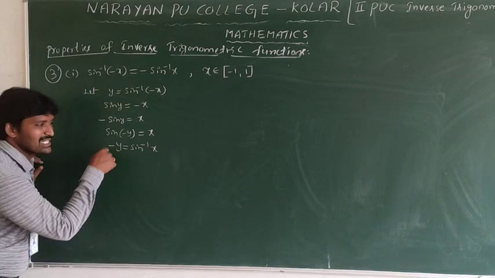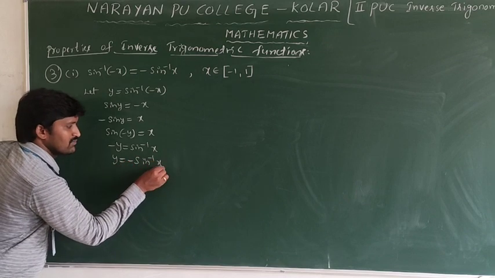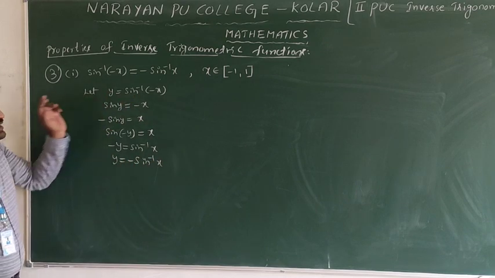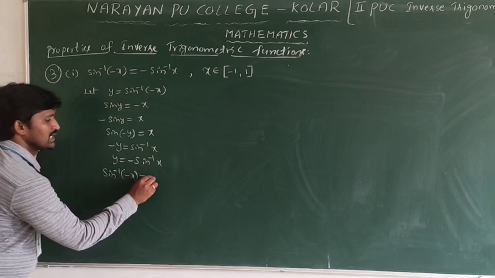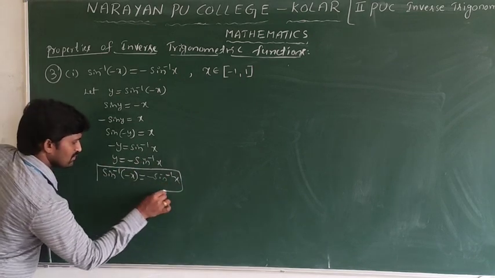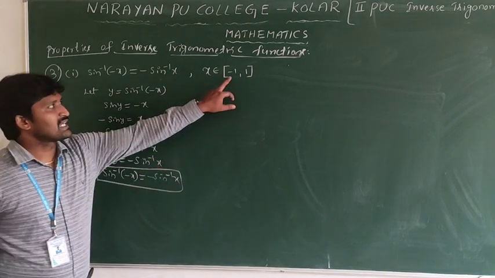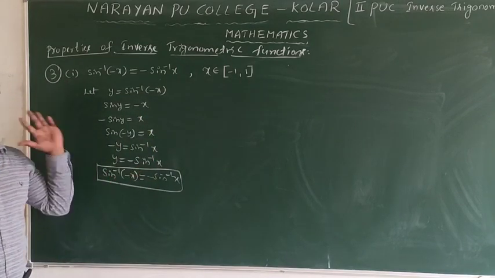Now take this minus to the right side, it becomes minus sin inverse x. What is y actually? y is sin inverse of minus x equal to minus sin inverse x. And we can check any value in this interval, it is satisfied for both LHS and RHS.